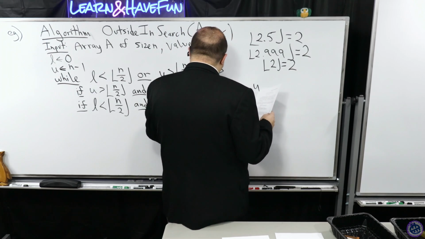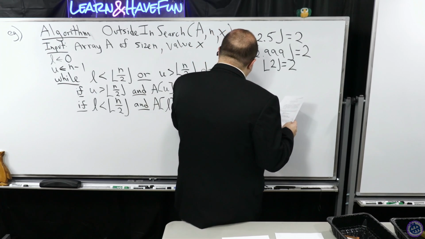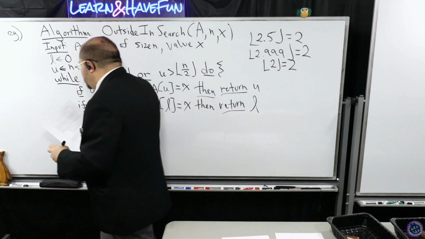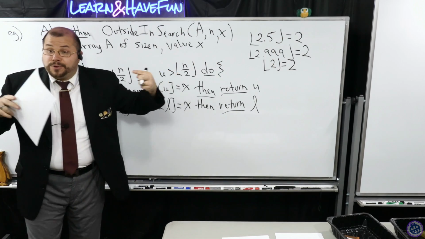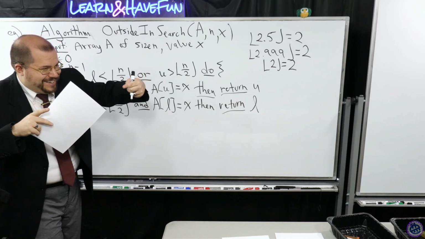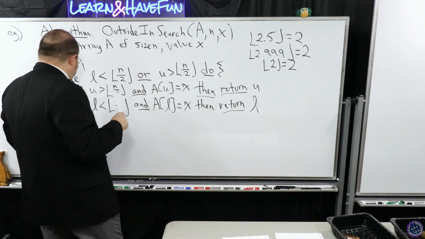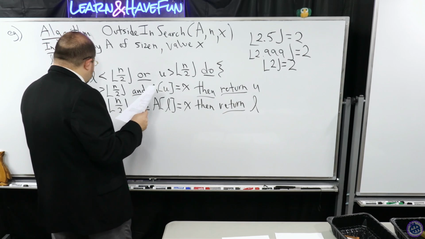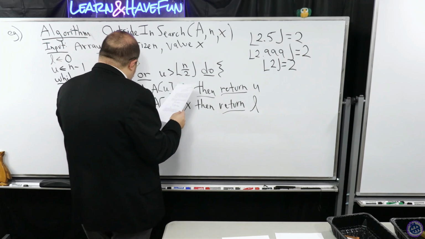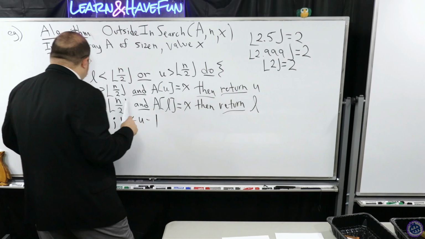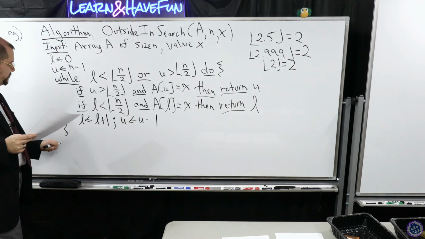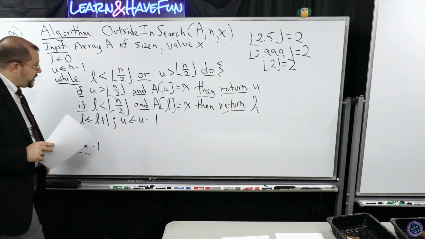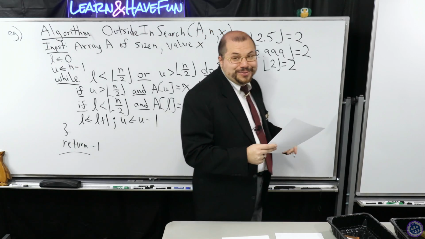If that equals X, then we're going to return L. And then we're going to just move our fingers inwards. L is going to be incremented by 1. U is going to be decremented by 1. And when this process is finished, we're going to return -1, if it does not return anywhere in this while loop.